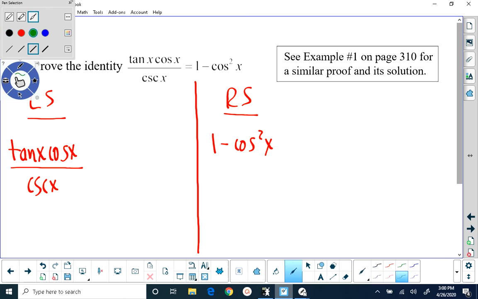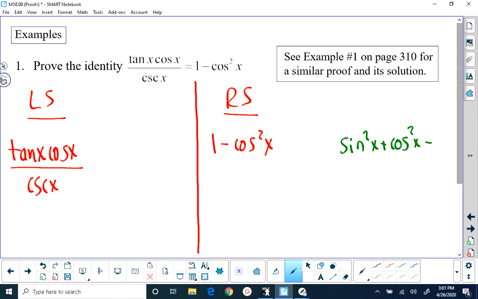when we take a look at the right-hand side, we know that sine squared of x plus cos squared of x is equal to 1. And over here on the right-hand side, I have 1 minus cos squared. Well, if I subtract cos squared, I get sine squared of x equals 1 minus cos squared of x.